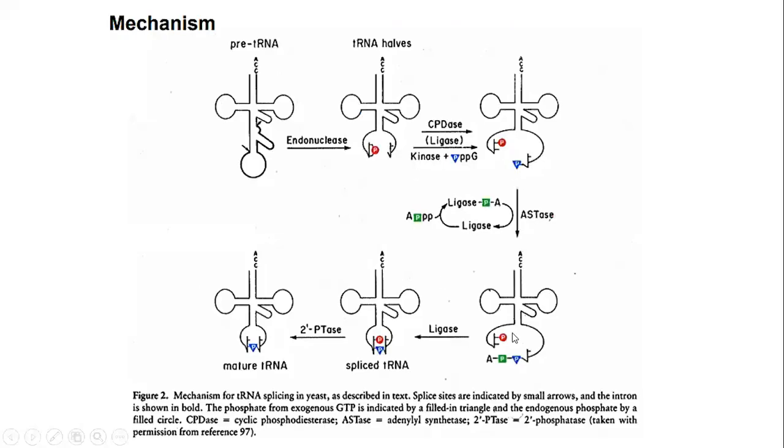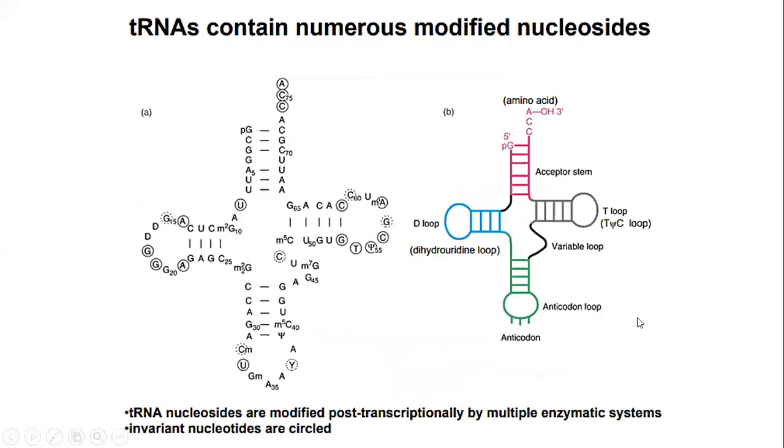This total mechanism is depicted here, where the cloverleaf model of tRNA is shown, and here the total reaction is depicted clearly. For the folding of tRNA, it is necessary to create a folded structure, which is very much essential for the process of translation.